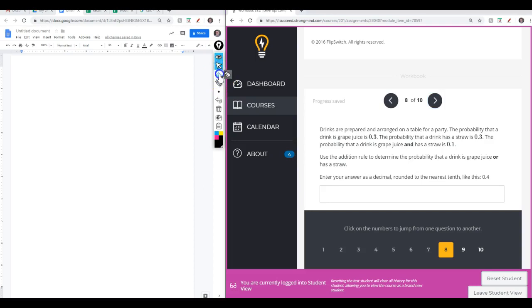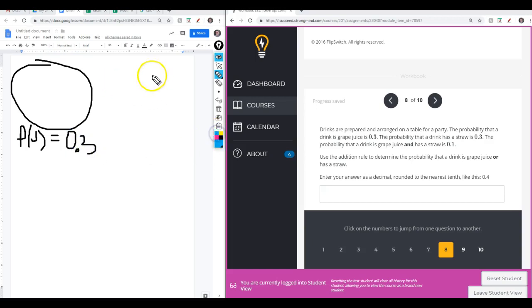So again, you just want to know that it meets either of these requirements, that you could say yes, it was grape juice, or yes, it has a straw, or yes, it was grape juice and had a straw. Either one of those is okay. So we have our probability that it's grape juice. The probability of it being a juice is equal to 0.3.